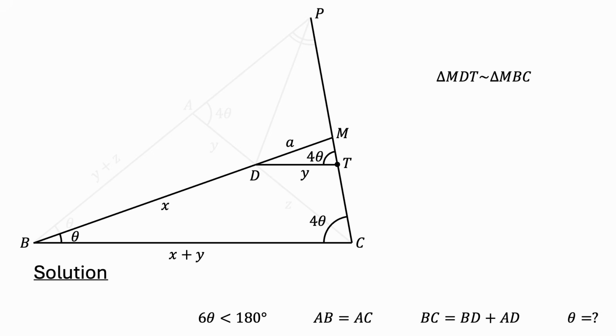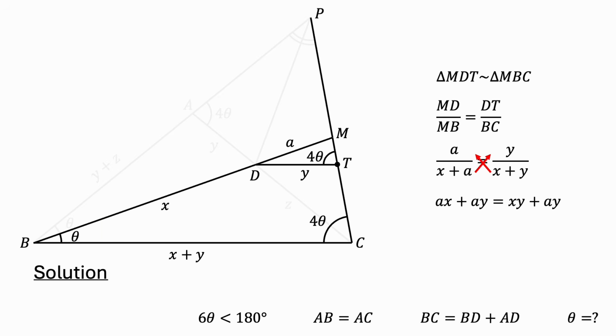Since corresponding sides in similar triangles are proportional, we have MD over MB equals DT over BC, or A over X plus A equals Y over X plus Y. Cross multiplying gives AX plus AY equals XY plus AY. Cancelling AY yields AX equals XY. Dividing both sides by X, we thus obtain A equals Y.